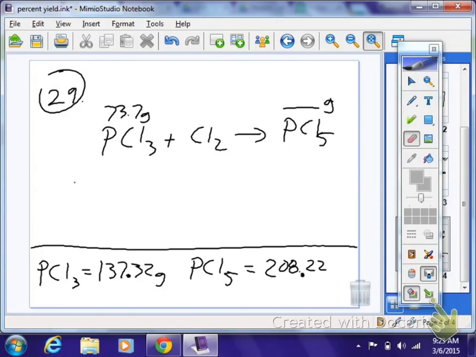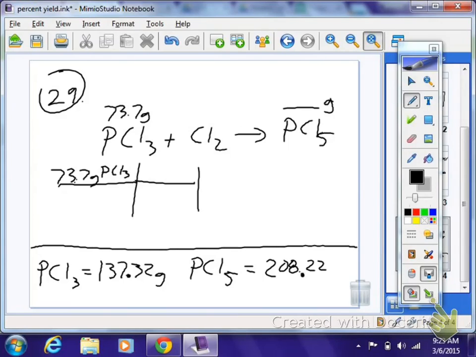Okay, so here's what you would do to figure out the weight. You take the 73.7 grams of the PCl3, convert it into moles. So down here's 137.32 grams of the PCl3 is equal to 1 mole of PCl3.